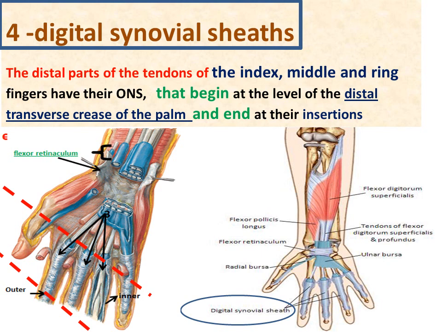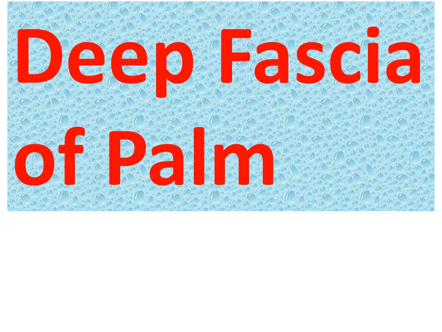Each of these long flexor tendons of these three fingers has its own digital synovial sheath. It begins at the level of distal palmar crease and extends to the site of insertion of the long flexor tendons.